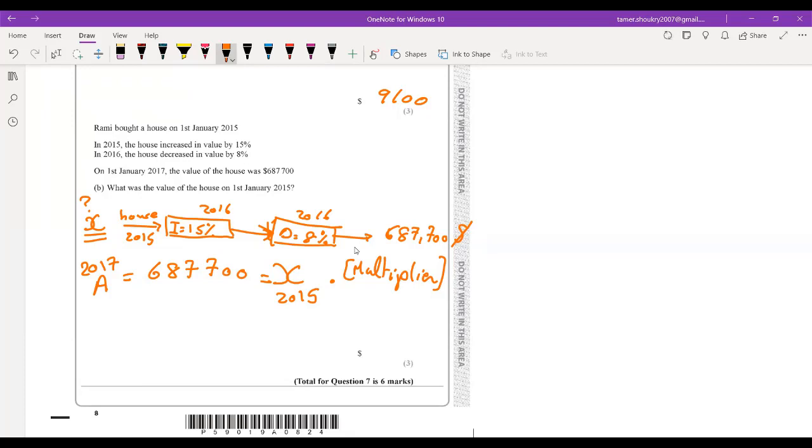So the final amount in 2017 is the initial amount in 2015 multiplied by a multiplier.